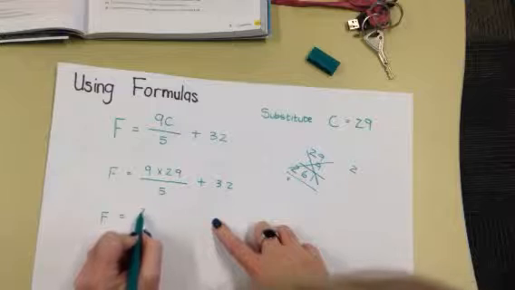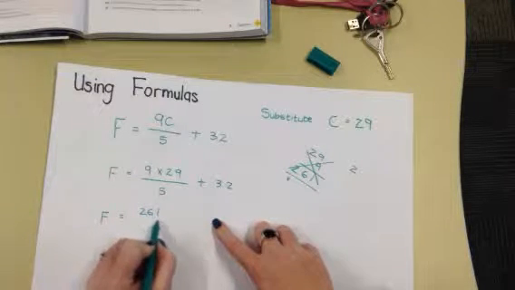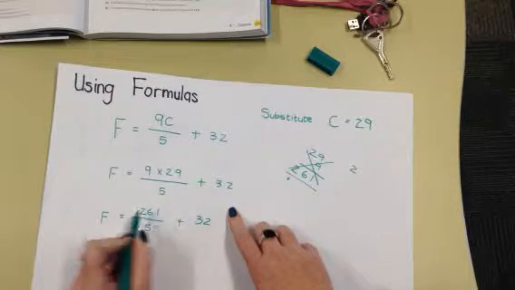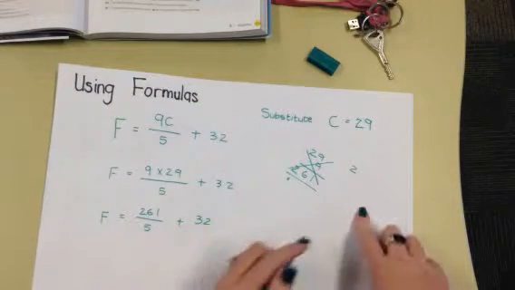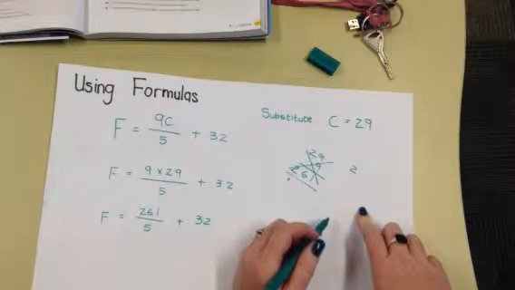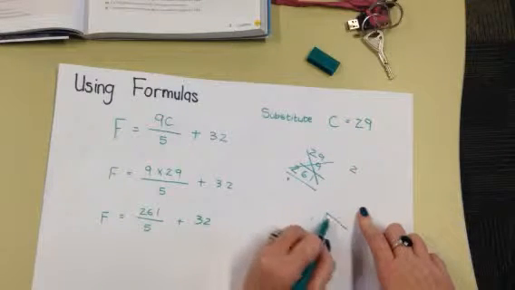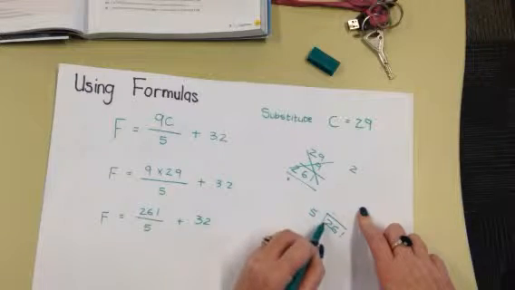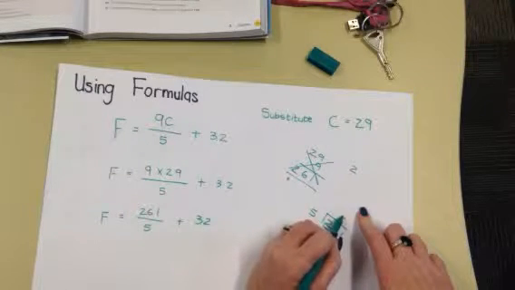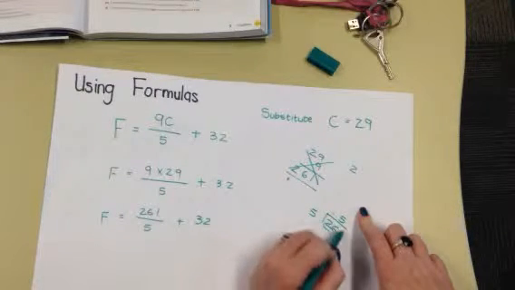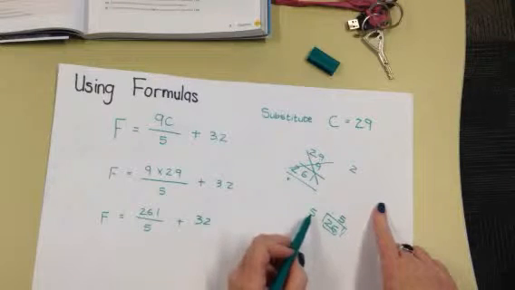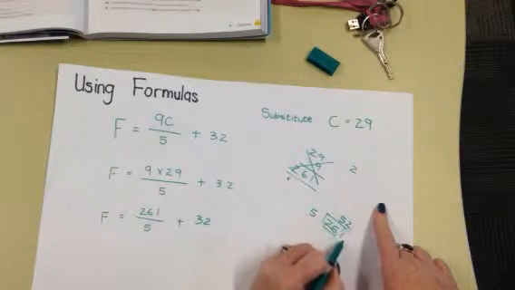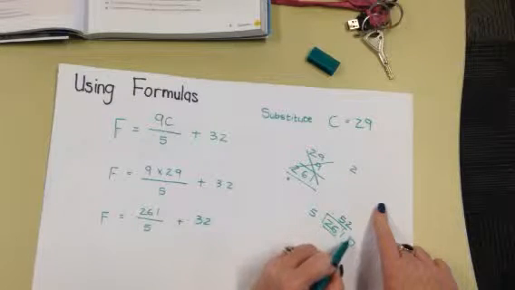So we go 261 divided by 5 plus 32. Now we've got to say how many times does 5 go into 261. 5 can't go into 2, but 5 can go into 26 5 times with a remainder of 1. 5 can go into 11 twice, with a remainder of 1.